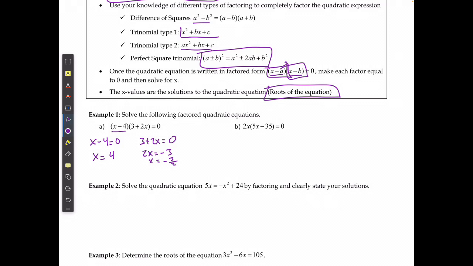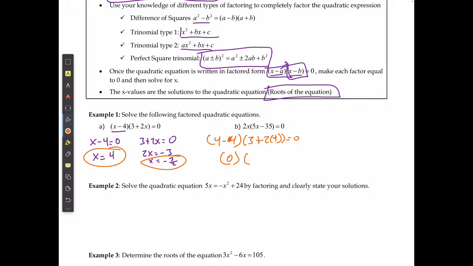Because in either of these cases, it's going to wind up making the multiplication 0, right? If I said that I had 4 minus 4 times 3 plus 2 times 4 equals 0. Well, 4 minus 4 is just going to be 0.